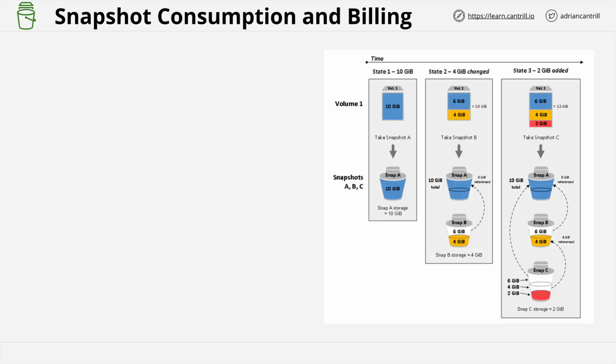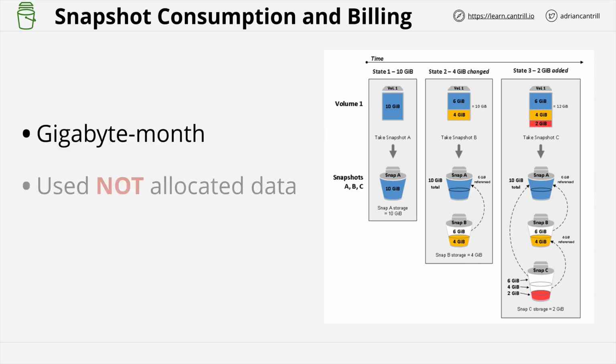Now, snapshots are billed using a gigabyte-month metric. So a 10 GB snapshot stored for 1 month represents 10 GB-month. A 20 GB snapshot stored for half a month represents the same 10 GB-month, and that's how you're billed. There's a certain cost for every gigabyte-month that you use for snapshot storage. Now, just to stress, this is an awesome feature specifically from a cost aspect, is that this is used data, not allocated data.